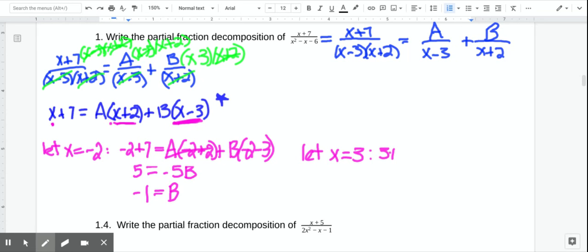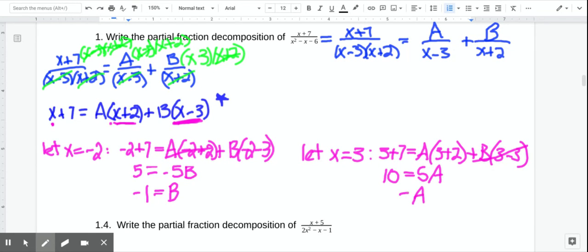So I get 3 + 7 = A(3 + 2) + B(3 - 3). So we have 10 = 5A, and then 3 - 3, that's just 0. So that whole term goes away. And when we finish solving this, we find that A equals 2.